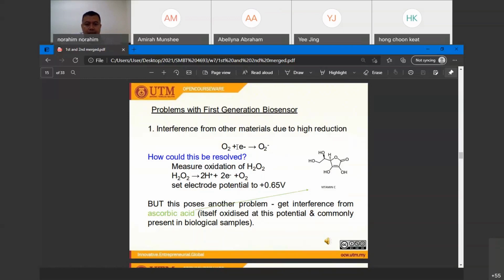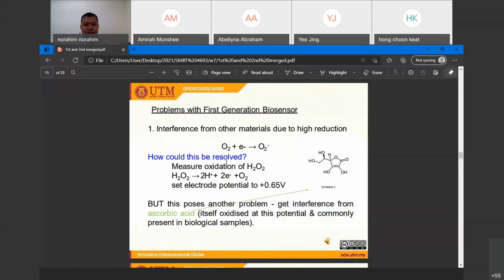Oxygen is a very interactive molecule, it can be easily reduced and oxidized. That is the drawback, because it gives a lot of interference from these properties of oxygen. So we need to solve this problem.